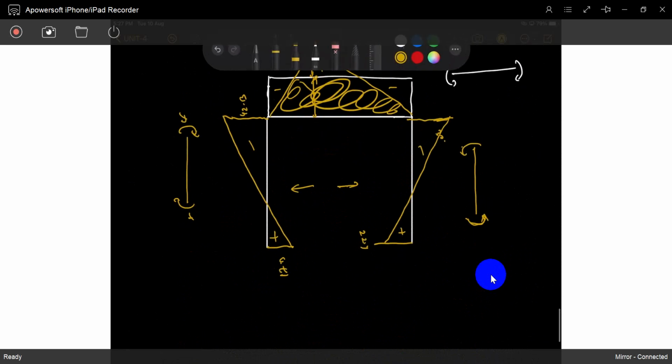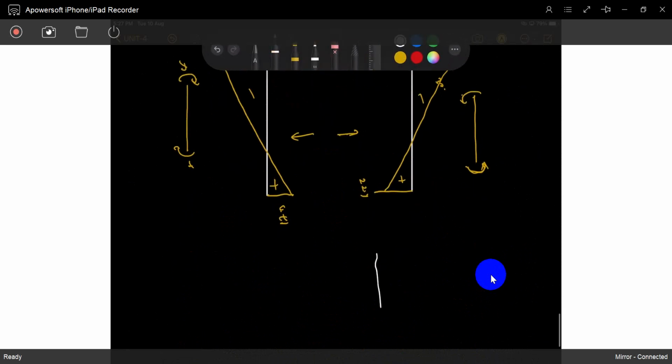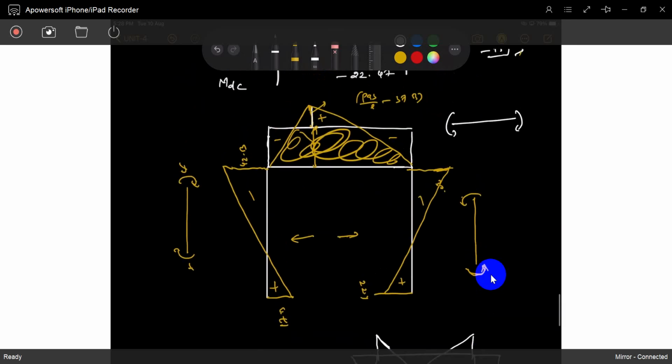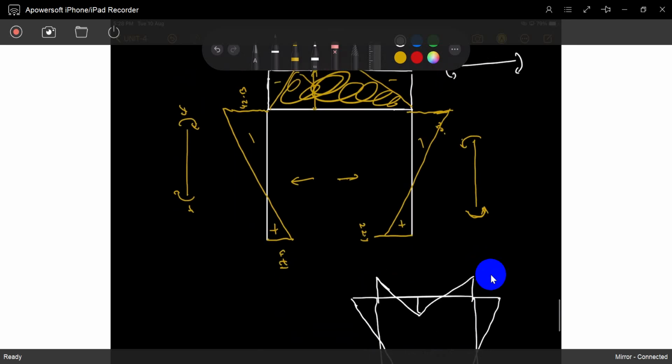Otherwise, you can write down the same diagram like this, because you can find out this value.